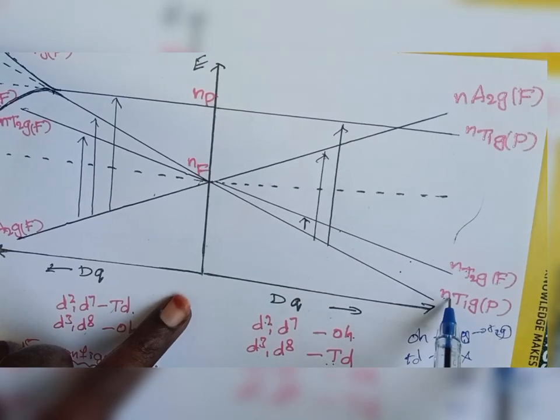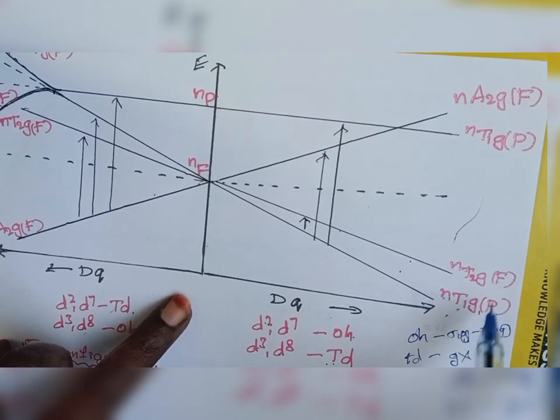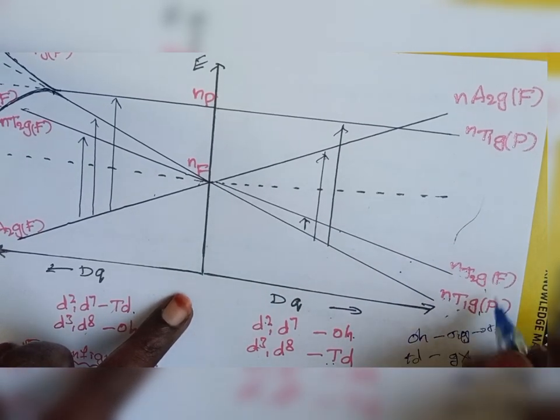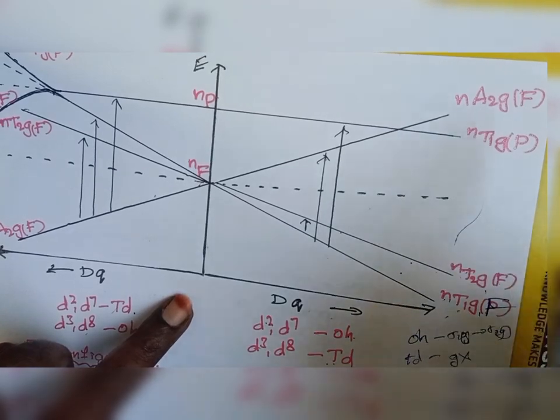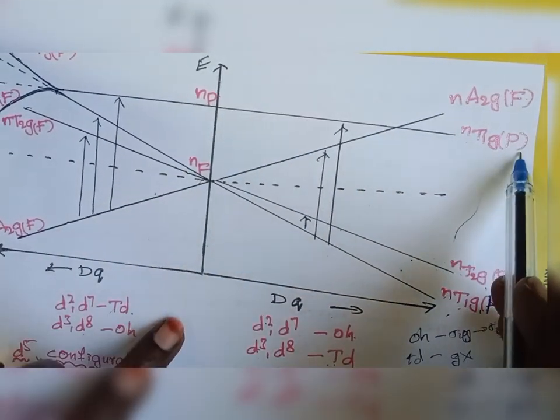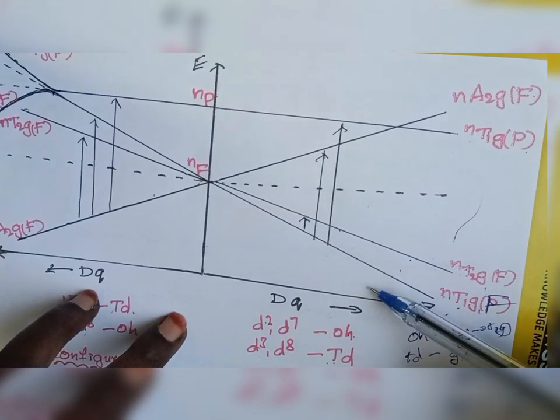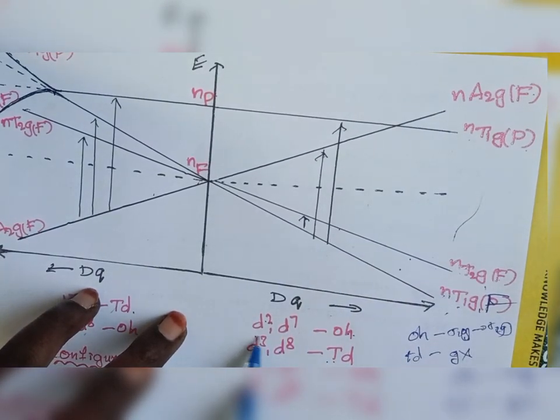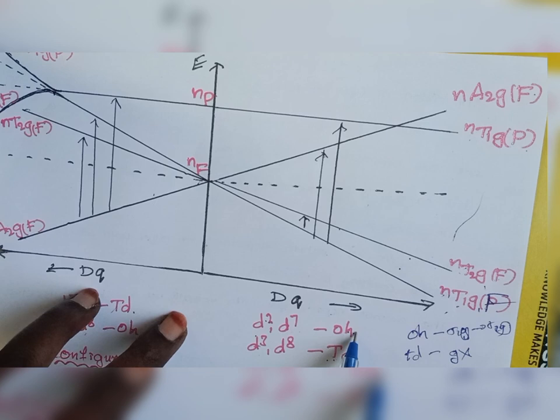The lower energy levels are nT1g(F), nT2g, and nA2g(F), and the upper level is nT1g(P). This diagram is applicable for d2, d7 octahedral.